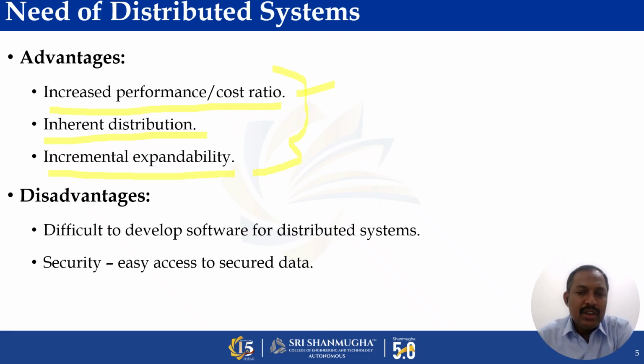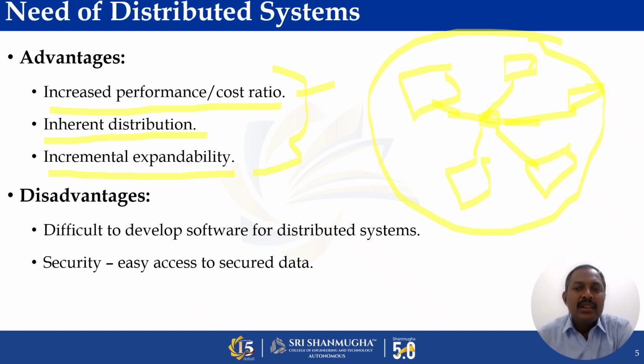It is difficult to develop software for distributed systems. Multiple systems are connected through some network, so writing software to run an application among these distributed computers is going to be a little bit difficult.